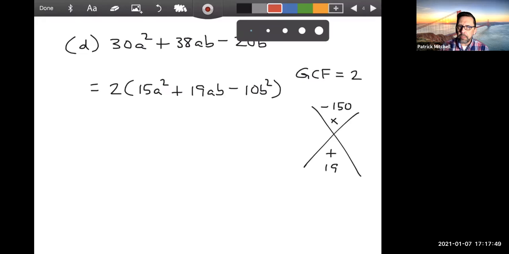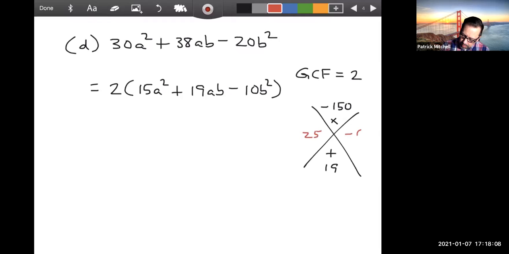If you haven't come up with the mystery numbers yet and you want to try it, pause the video again and try to come up with them, because this time I'm just going to tell you what they are. I'll assume that I made a list like in the last example. 25 and negative 6 are the numbers that add up to 19 and multiply to negative 150.